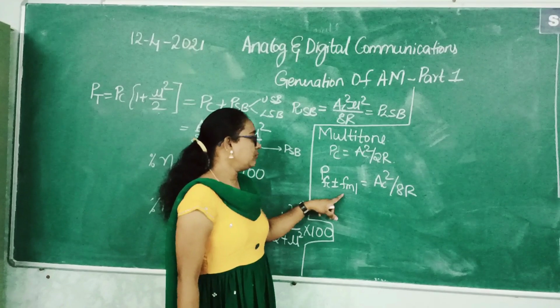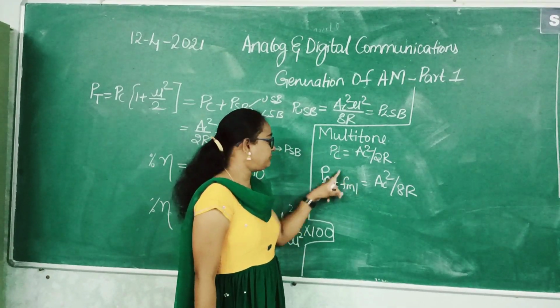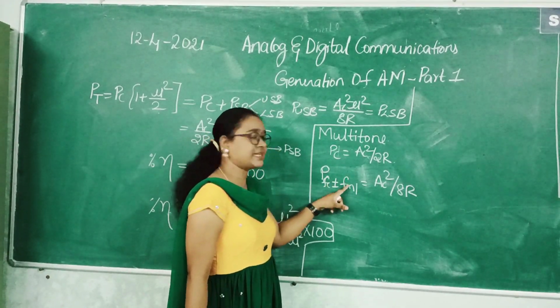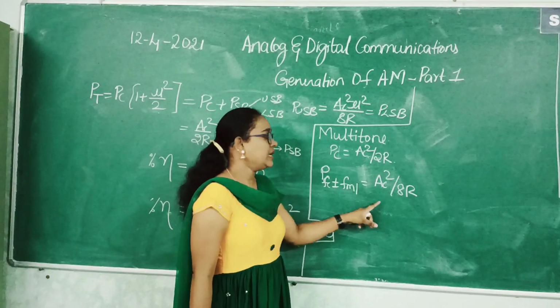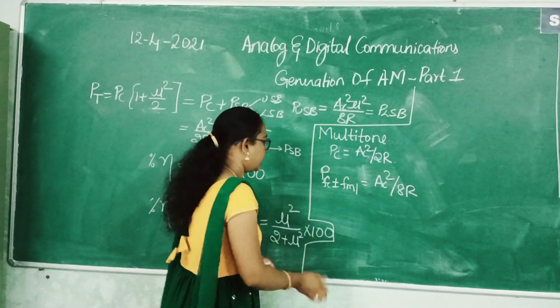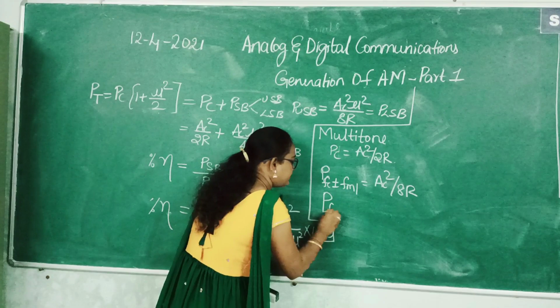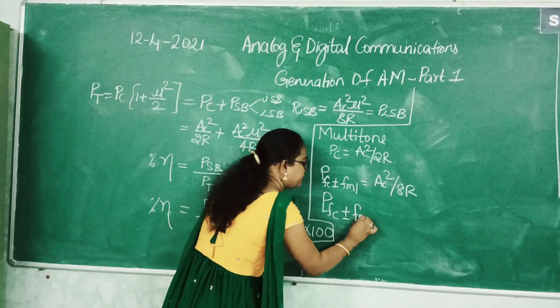That means the frequency term of fm1, upper sideband and lower sideband, each have Ac square mu square by 8R. Similarly, fc plus or minus fm2.